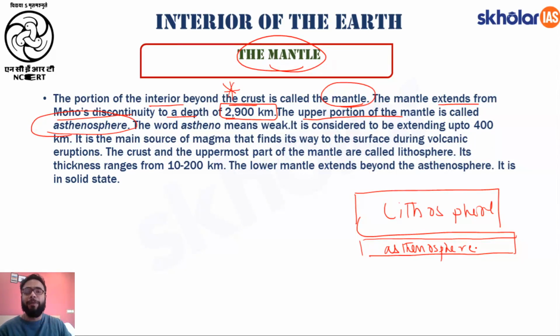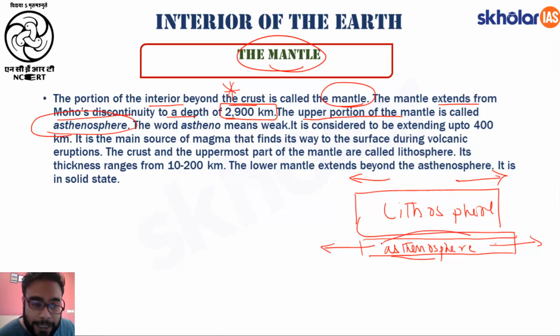They are moving because this asthenosphere is present just below the lithosphere, right? So this asthenosphere will either move to the right or to the left, right? And if the asthenosphere, which is semi-molten in nature, moves to the left, the lithospheric plate will move to the left. And if the asthenosphere flows towards the right, then the lithosphere will also flow towards the right.